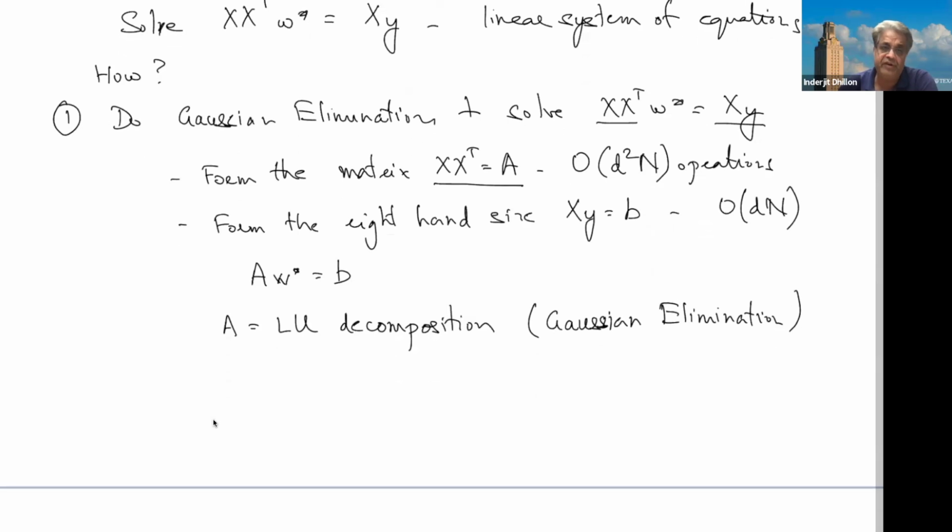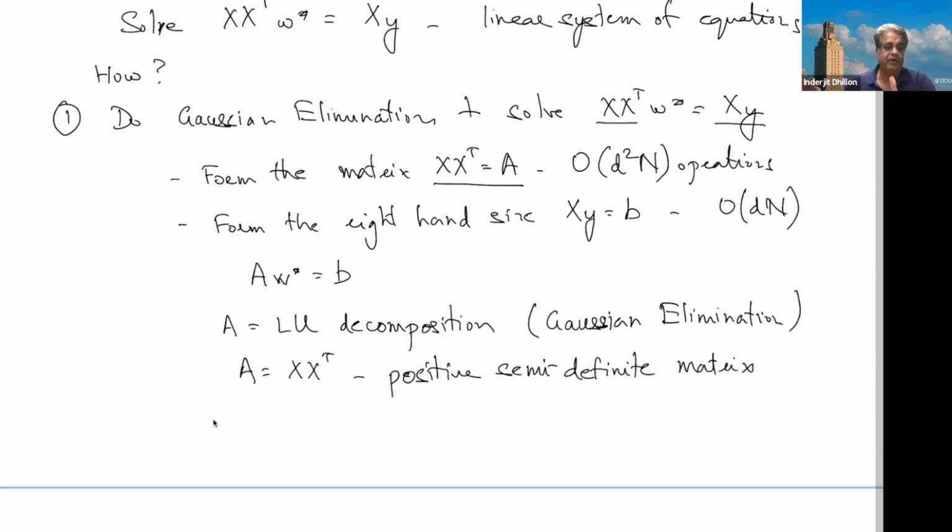In this case, we are actually in a slightly special case, right? Because my matrix has this form, A is equal to XX transpose. So this is what's called a positive semi-definite matrix. Okay, so it's a positive semi-definite matrix.